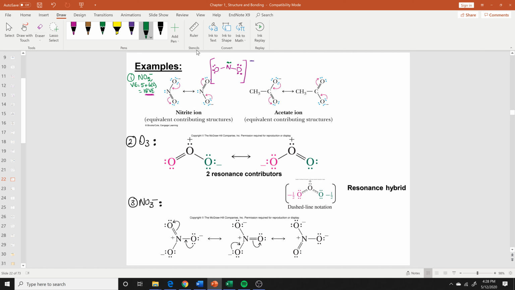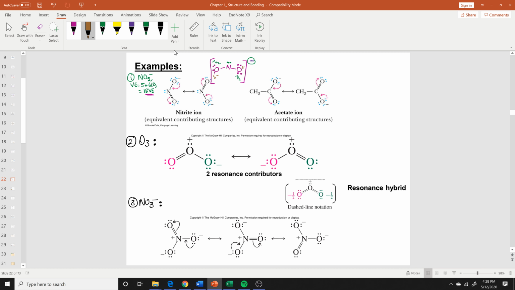The oxygen has a negative charge, so this is going to be -1/2, and this oxygen is also going to be -1/2 because the -1 is shared between both oxygens. I can do it like this, or as I said last time, you can do a partial negative on one oxygen and another partial negative on the other oxygen, whatever you want.